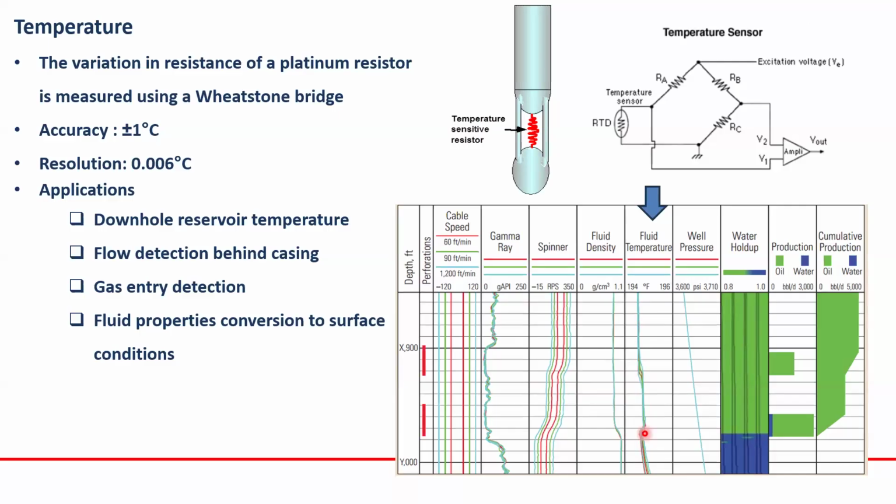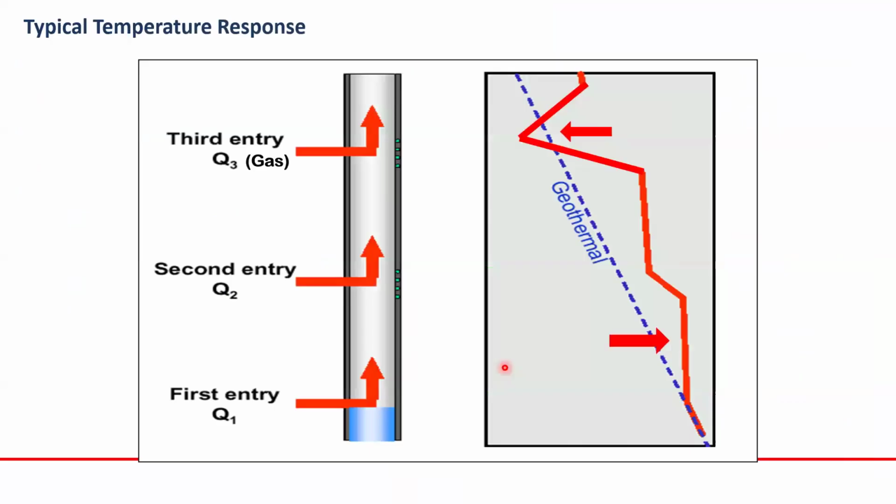Okay, there is an example. This is a geothermal gradient, which is from surface to TD, so this is the geothermal gradient in the borehole. And here if we run a temperature log, as you see, the entry of oil will increase it.